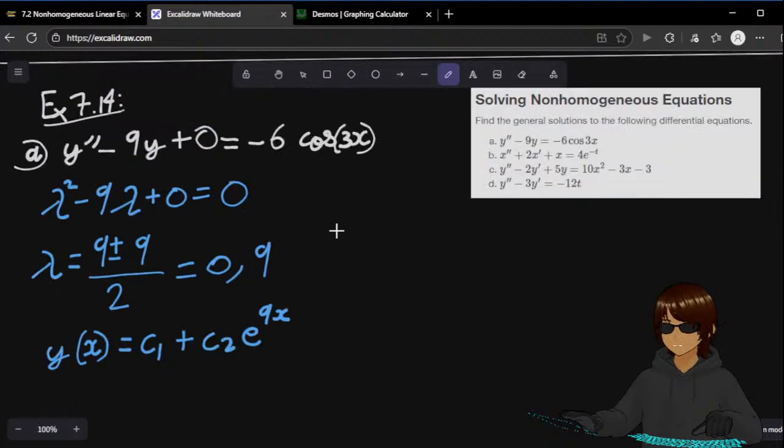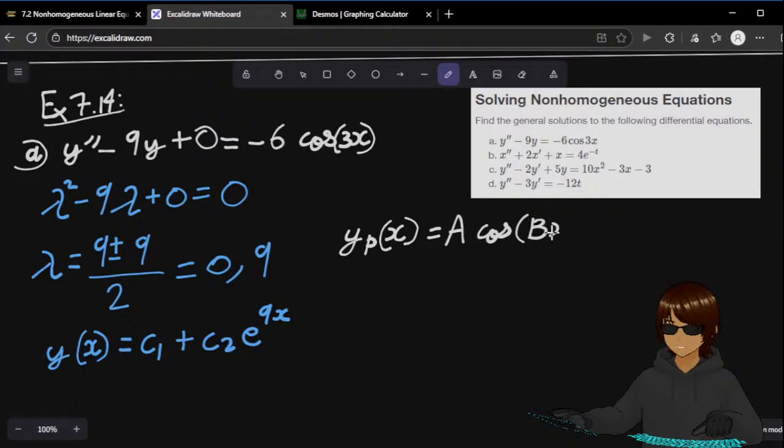And now the general solution. A particular solution yp may have the form a cos bx. The derivative is minus a sine bx.